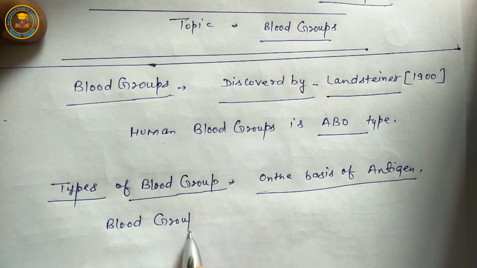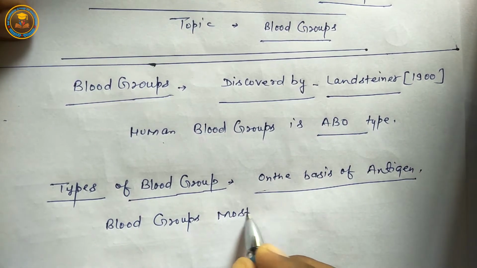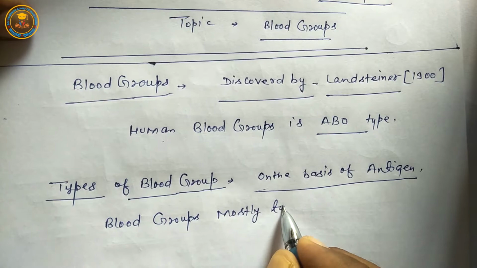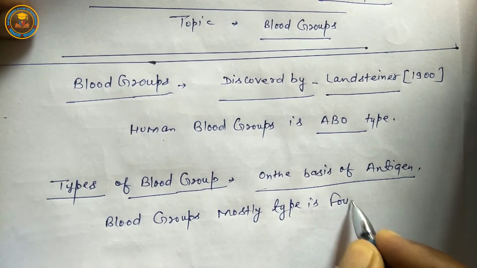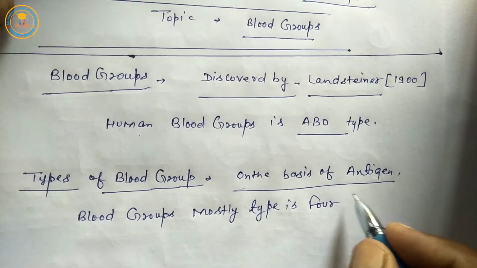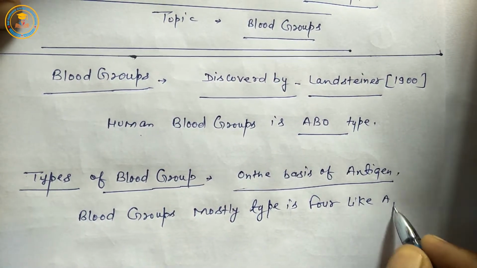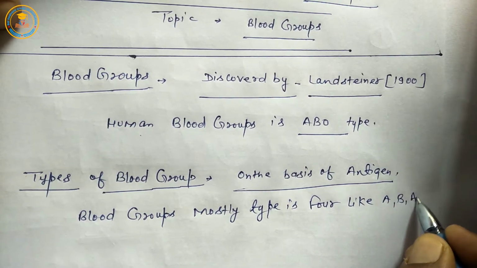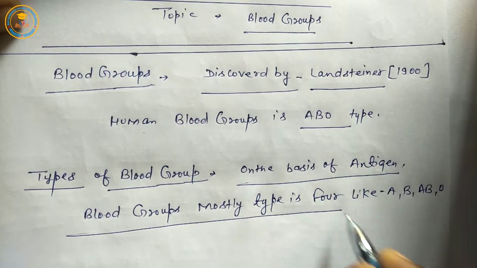Blood group mostly type is 4, like blood group A, blood group B, blood group AB, and blood group O.